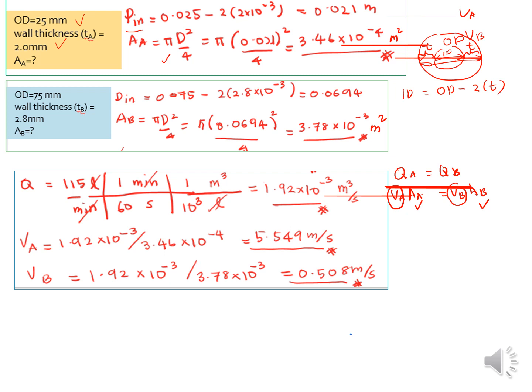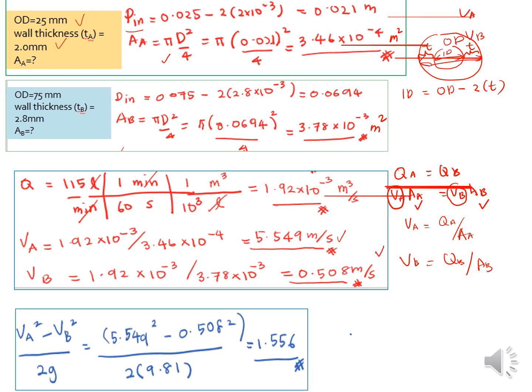So I change it into SI unit, which is meter cube per second, 1.92. Since I already got the Q, I can calculate VA, which equals QA divided by AA, and VB equals QB divided by AB. So here are my VA and VB values. These two terms, VA and VB, I'm going to use to calculate the terms inside here. I just substitute the values, and this term equals 1.556.